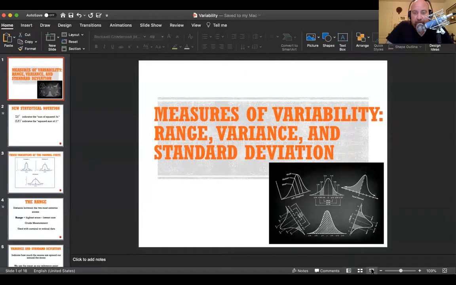Or if your data is just from a sample, so a subset of that population, which is more common. But with a sample, you have a slightly different way to calculate the variability, or how spread out the scores are around your mean. That's for sample variability and for sample standard deviation. Okay, so let me share my PowerPoint with you, and then we'll walk through this together.